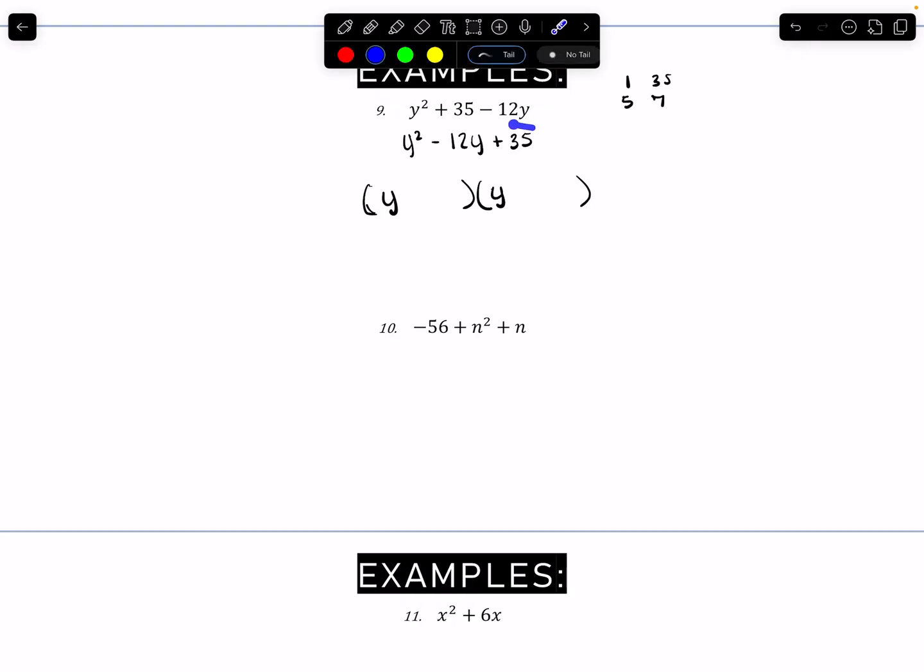Multiply to give me a positive, add to give me a negative, means they both have to be negative, right? And then which of these adds to give me 12? The 5 and the 7, right? So that should be 5 and 7 is what this is going to factor into.